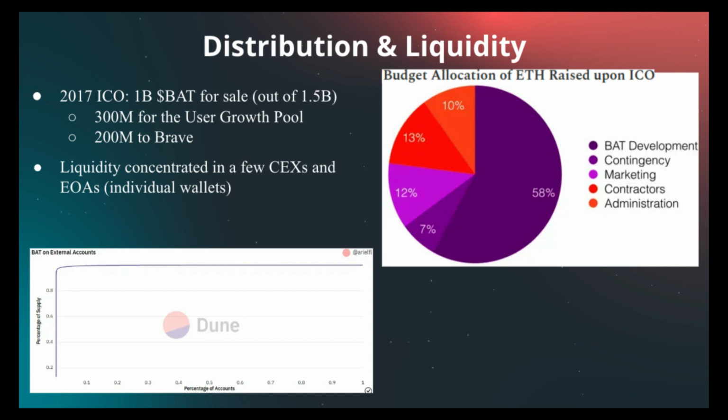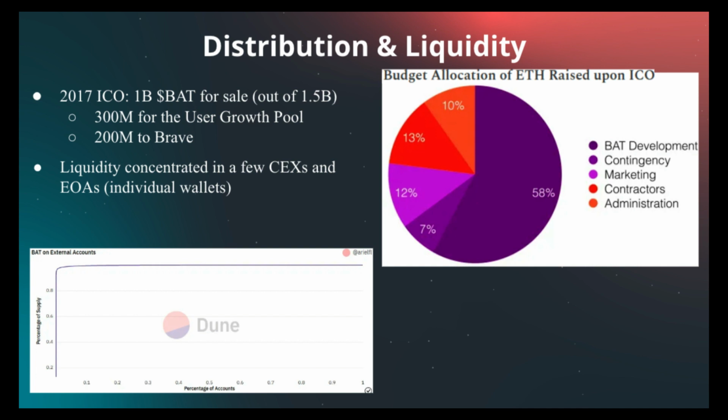So just asking, on this slide with the distribution and liquidity, in the bottom left, the graph from Dune Analytics, that's the one that shows how much liquidity is held by the top 1%, right? Yeah, exactly. So how do I read it? Oh, percentage of accounts, okay, all the way on the right is 1, so that means 1%, and then percentage of supply.